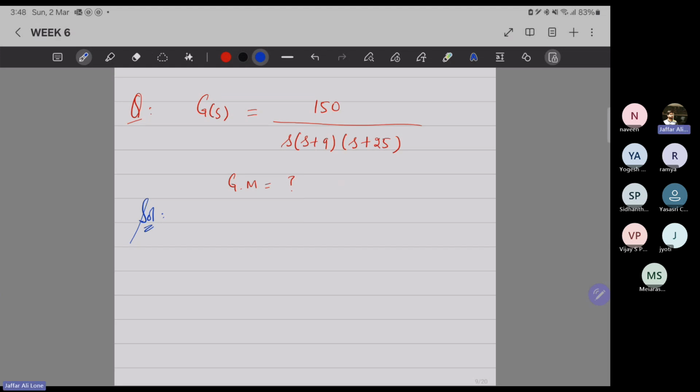I'm giving you a hint. For gain margin, you need to find the phase crossover frequency, and at phase crossover frequency, you know the angle is minus 180. Then you'll get the value of omega PC, that's the phase crossover frequency, and then you'll find the magnitude of G j omega H j omega at phase crossover frequency, and then take the reciprocal of that.